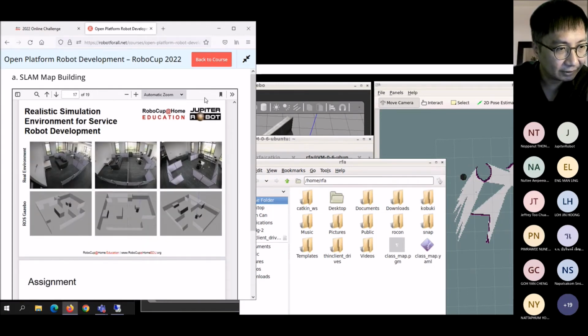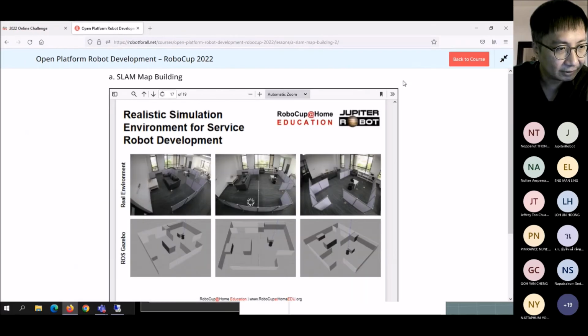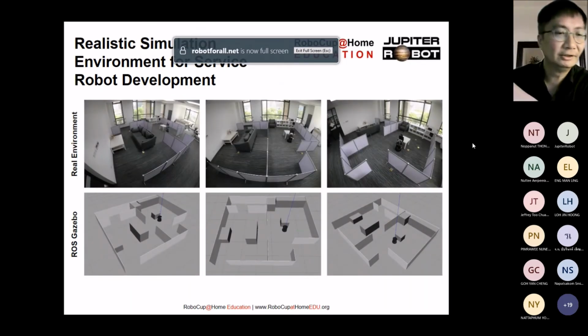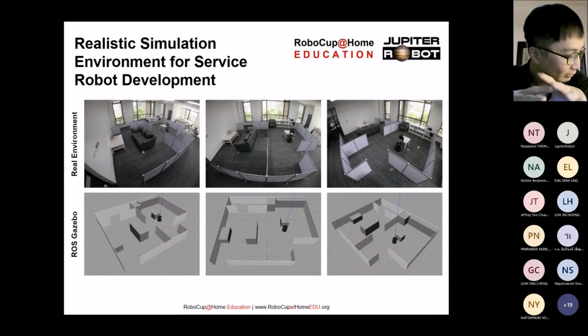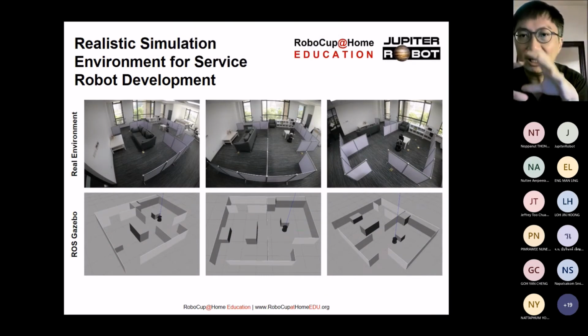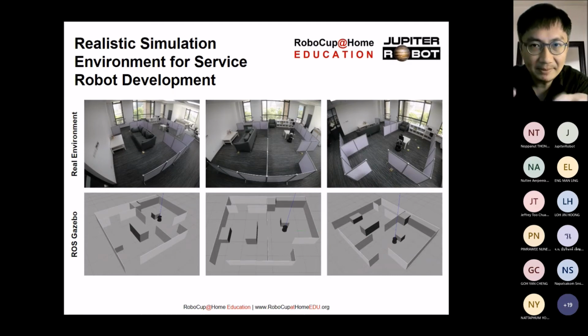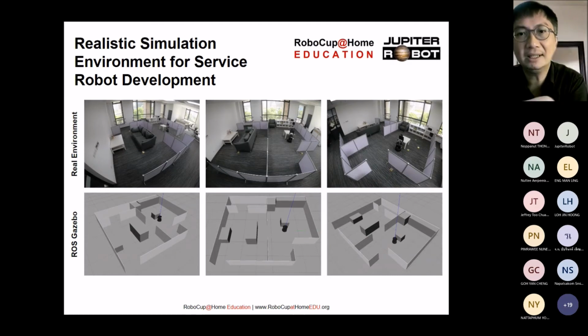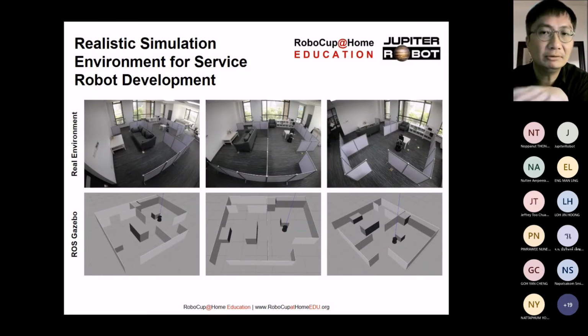Okay, so if you have no question, then let me explain a little bit and invite Jupyter Robot to show you. Over here, we can compare the mapping in simulation and the mapping in the real world. Jupyter Robot has one example that they can show later on. They have a model which is the same as their testing ground in their office.